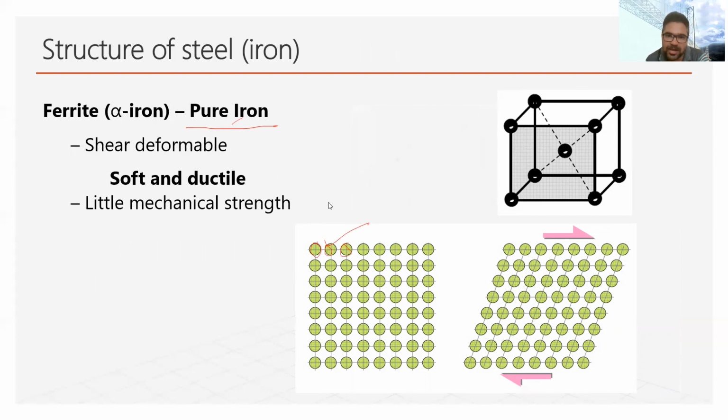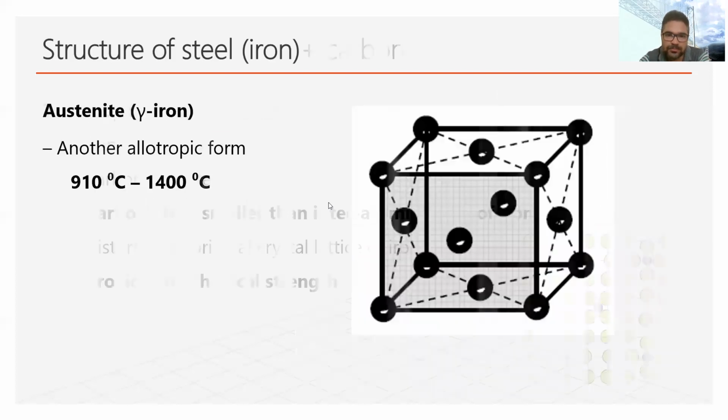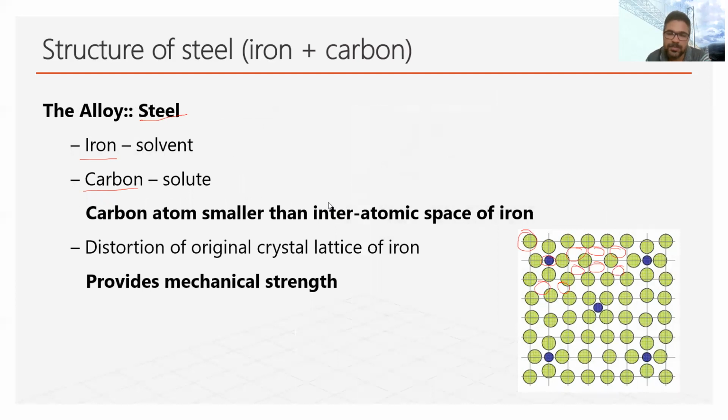So this kind of deformation can happen in this case. But in the case of steel with the presence of carbon, the ductility decreases, but at the same time it provides mechanical strength.